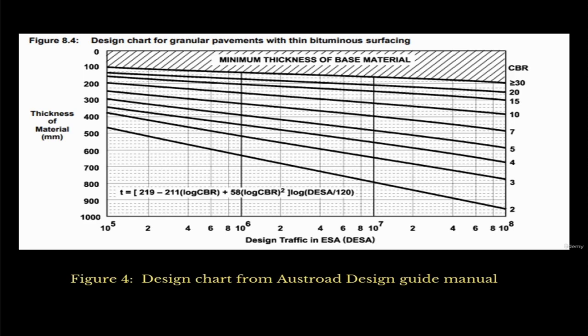And to find your California bearing ratio, you go on site and you do a DCP test. First you calculate the cumulative depth of penetration in millimeters from each blow by adding the previous individual depth of penetration. Then you draw a chart using the data of the cumulative depth against the number of blows.